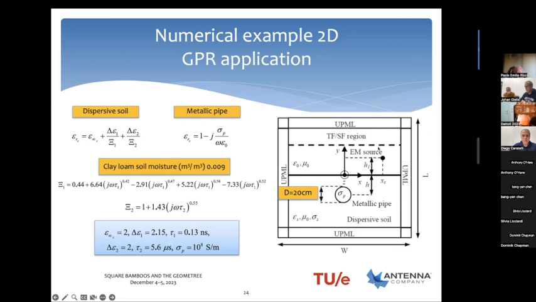The dispersive soil that we are considering here is a clay loam soil with a moisture ratio of 0.009. To this end, we are going to use a double relaxation model with fractional rational expressions, dependent on the terms capital Xi sub 1 and capital Xi sub 2.